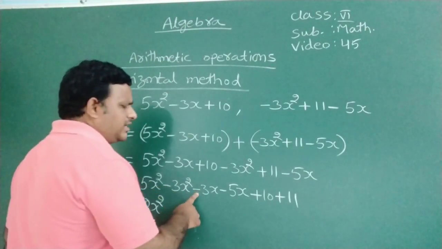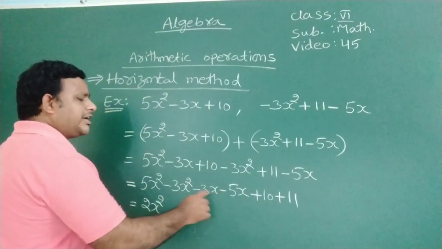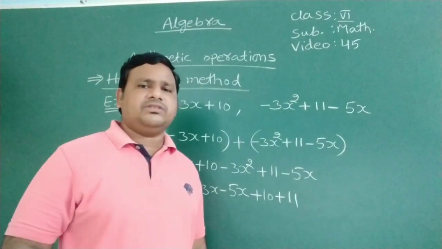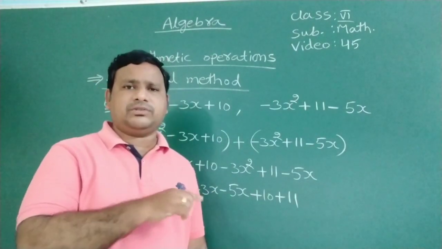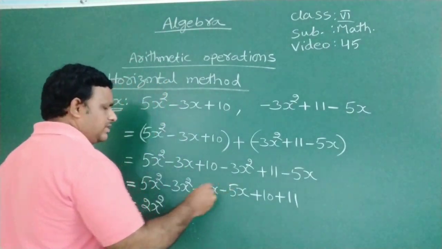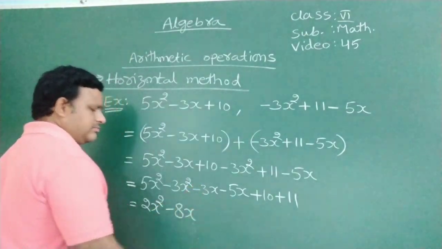Next, minus 3x minus 5x. Both have negative symbols. If two numbers have the same symbols, then we have to add them and put that respective symbol. So minus 3 minus 5 becomes minus 8x.